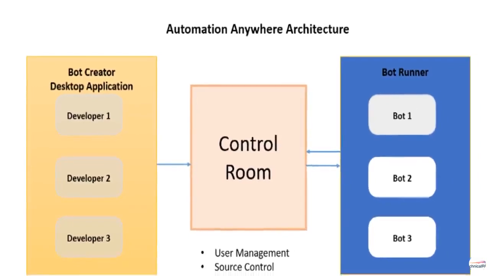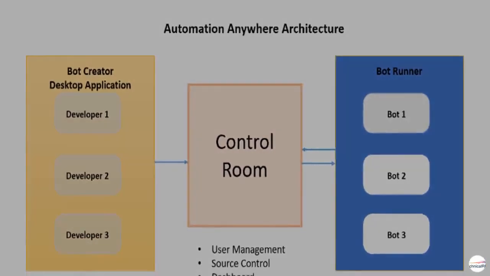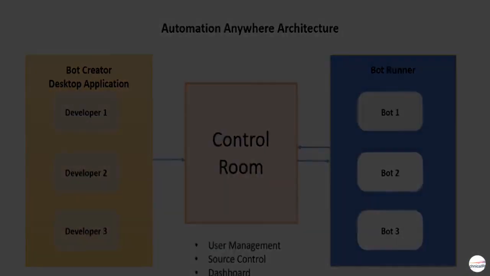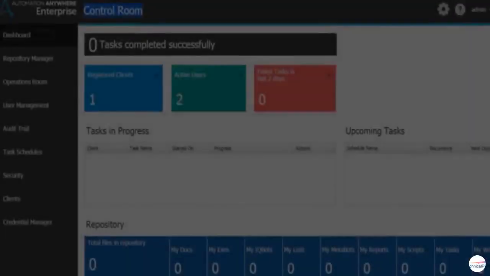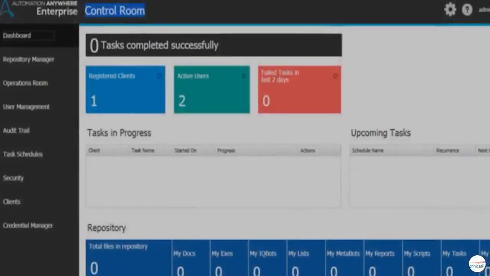Okay. You can go to your operation room. See, operation room simply helps you to show the analytics of the task history. Here you can see multiple clients. Control room has a view of multiple clients.